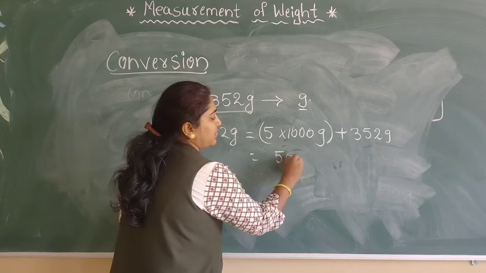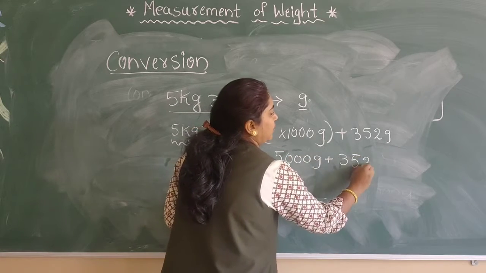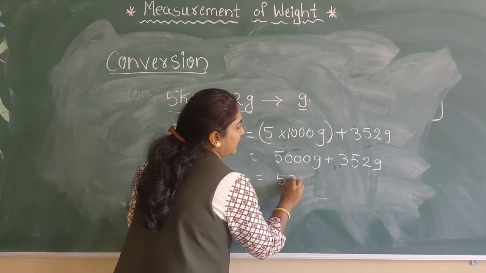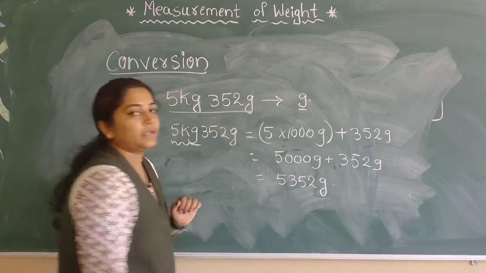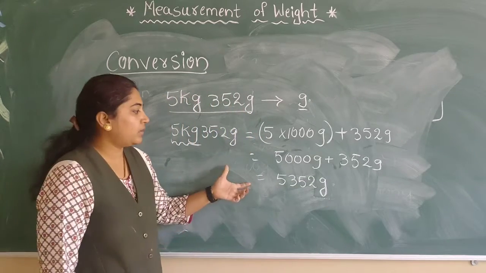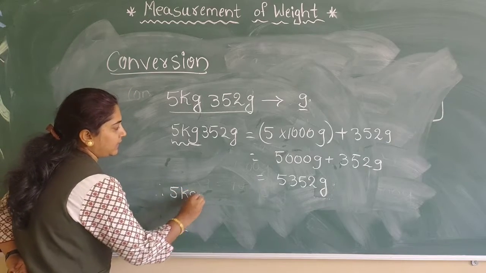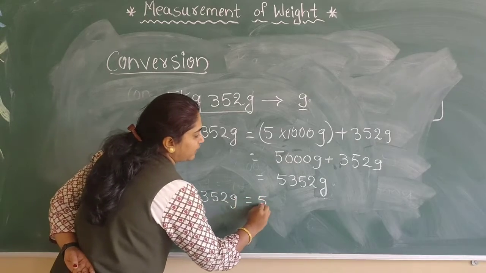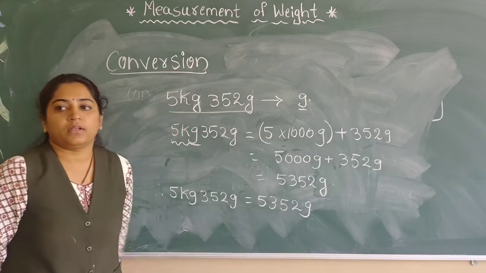This is 5000 gram plus 352 gram. This is nothing but 5352 gram. Understood? Okay. So therefore 5 kg 352 gram is equal to 5352 gram.